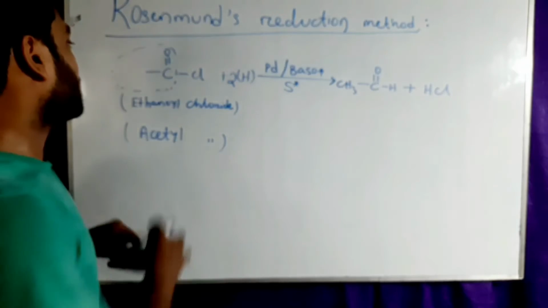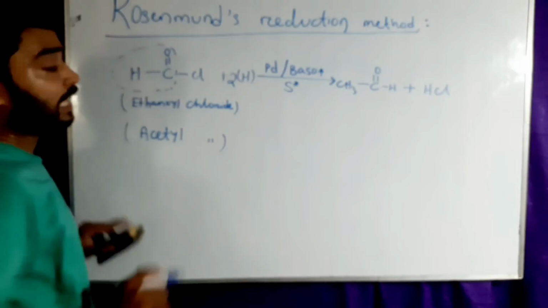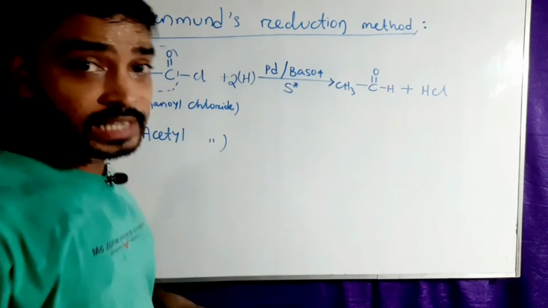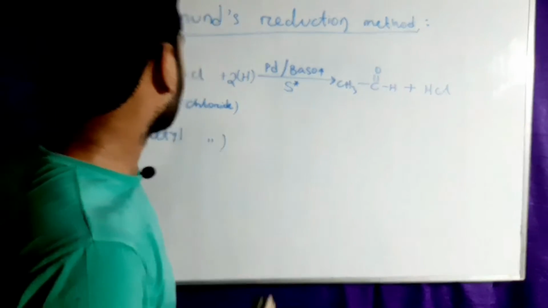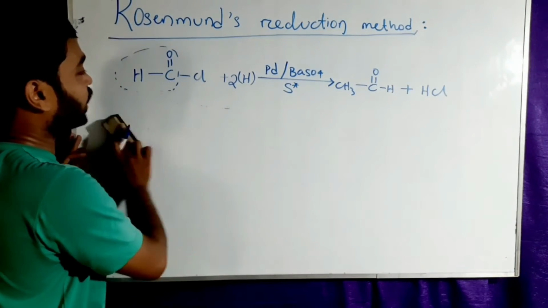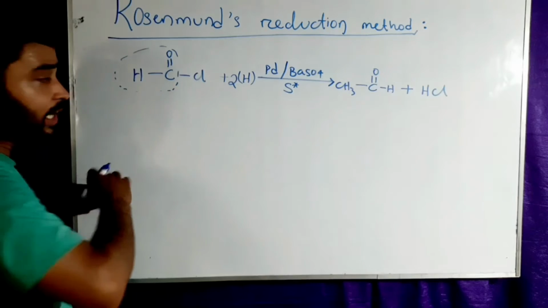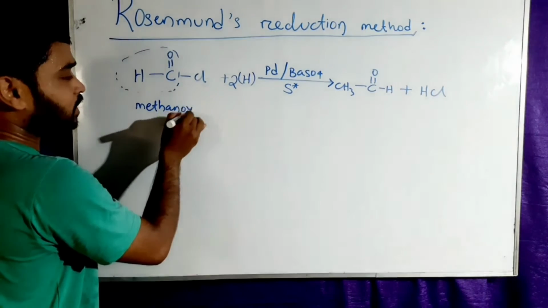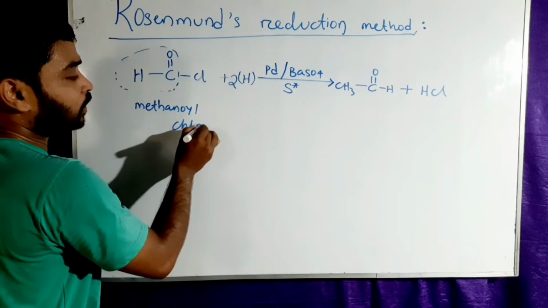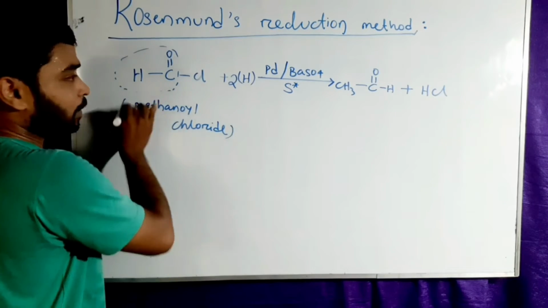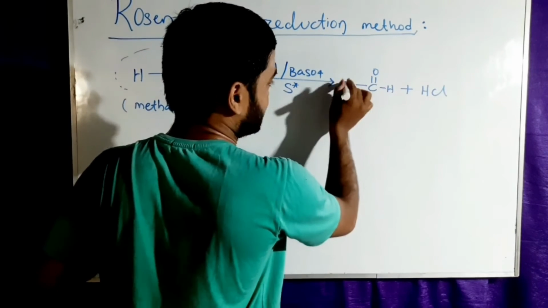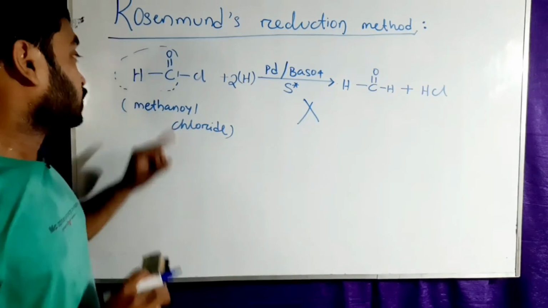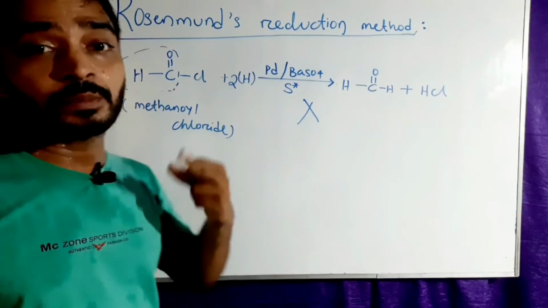But if you think of the lowest form of aldehyde, that means if we take hydrogen here, the n value in the alkyl group becomes 0, so it is formyl chloride, that means methanoyl chloride will be the IUPAC name. You think that the product will be HCHO and HCl, but this reaction does not occur because methanoyl chloride is itself unstable.